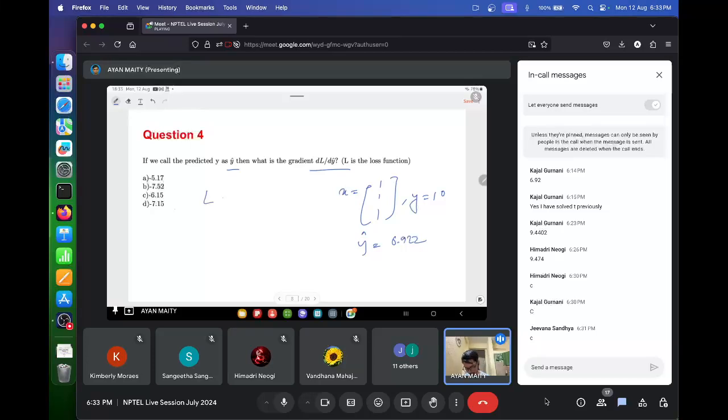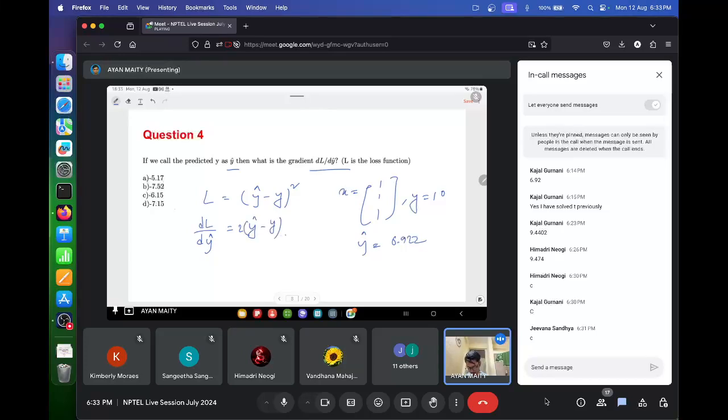So L is y hat minus y squared. If we compute the derivative of this with respect to y hat, or the gradient of L with respect to y hat, it will be 2 into y hat minus y.